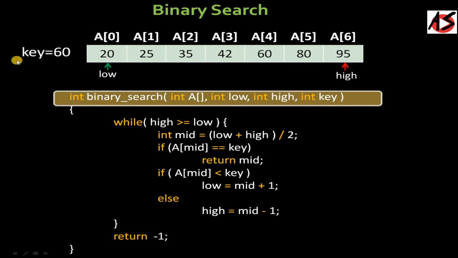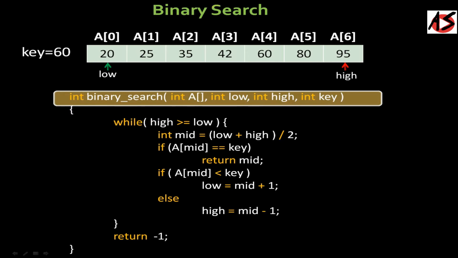Suppose you want to search the key 60 here, so you call binary search and pass the array in which you have stored your elements, and you pass the low and high index. Here low index is 0 and high index is 6.